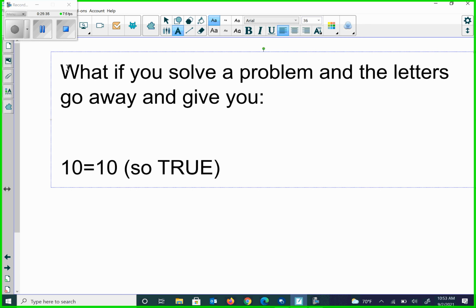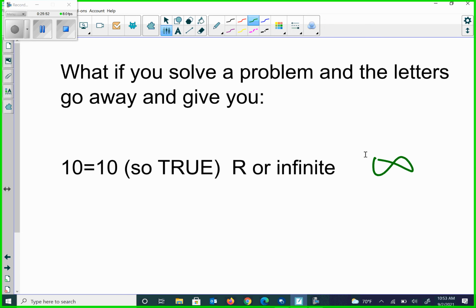Yeah. So you'd put an R for an answer, or infinite, or a sideways 8. Any of those would be fine. But what if it's the same thing, but you wind up with negative 7 equals 3?